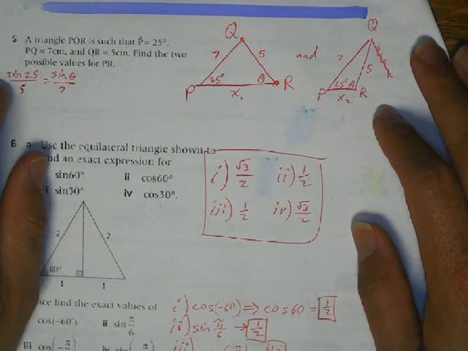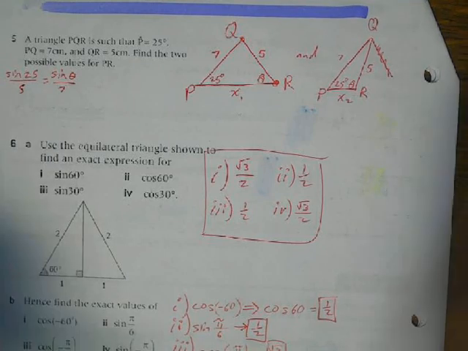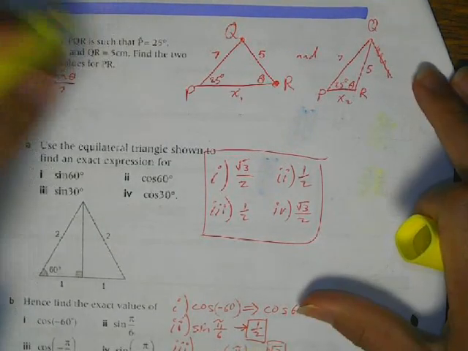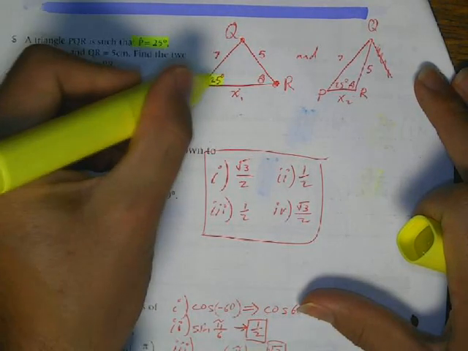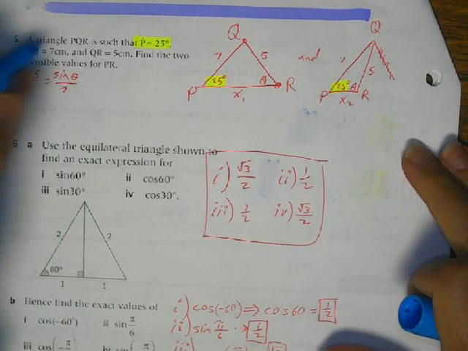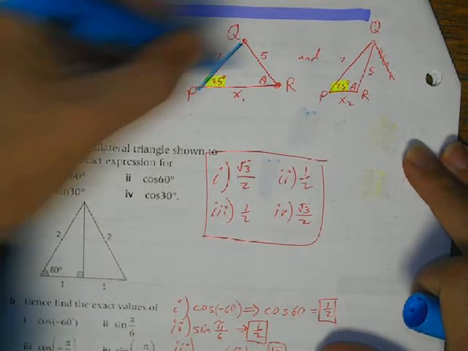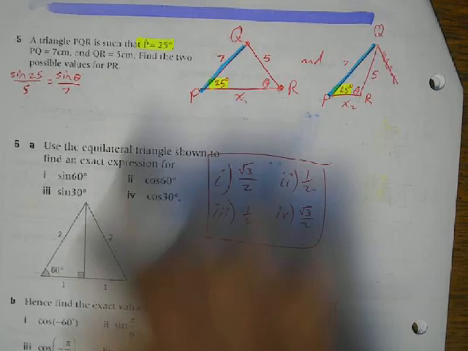Okay. I'm going to skip number 5 and explain that later. But the thing you need to know, so we start off with, we got triangle PQR, angle P is 25 degrees. Line PQ is 7, and line QR is 5.